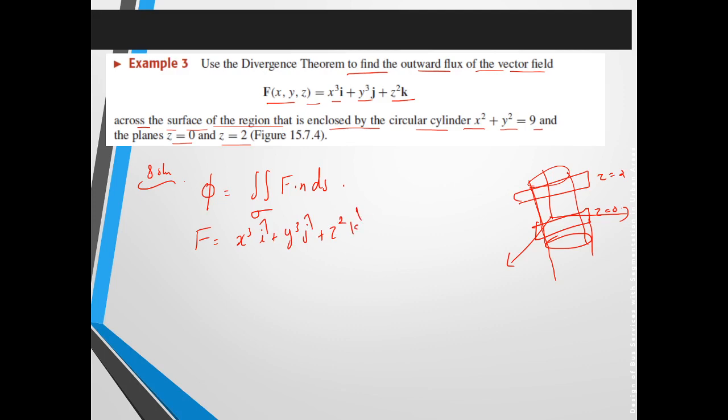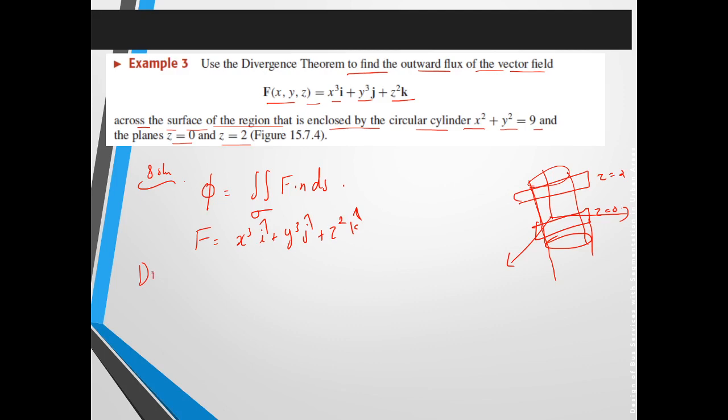Now we will use the divergence theorem. Why can we use the divergence theorem? This is a circular cylinder and the whole closed surface.